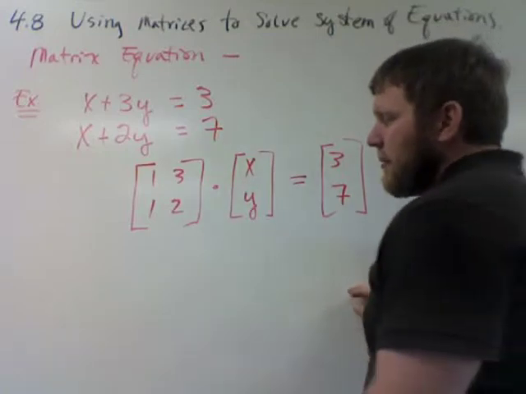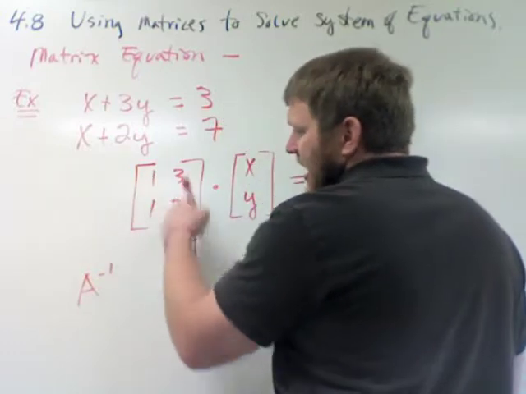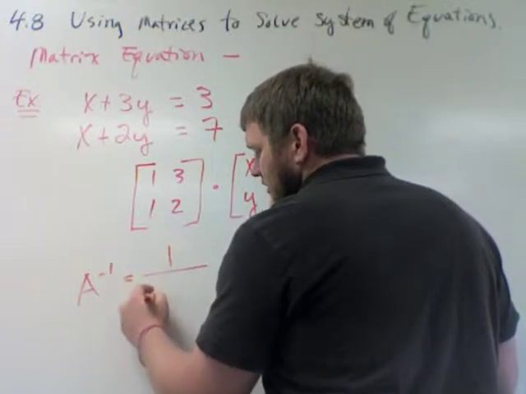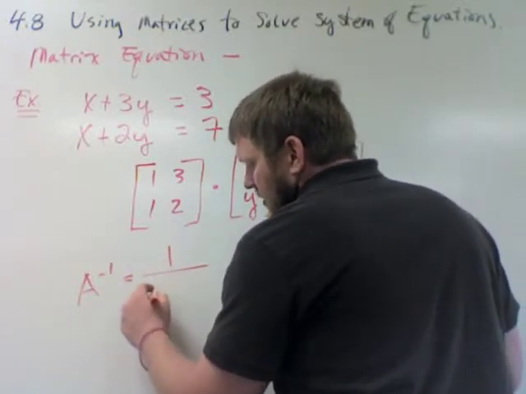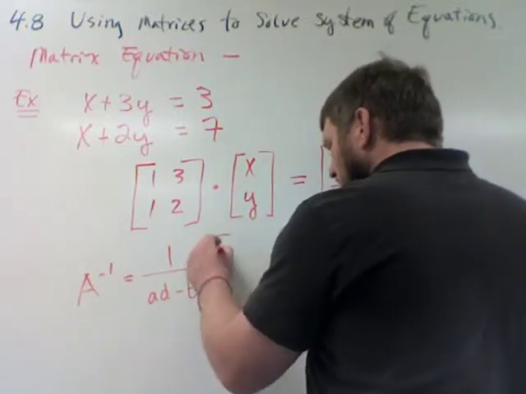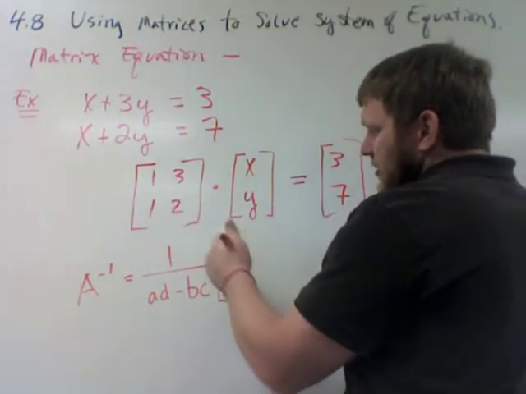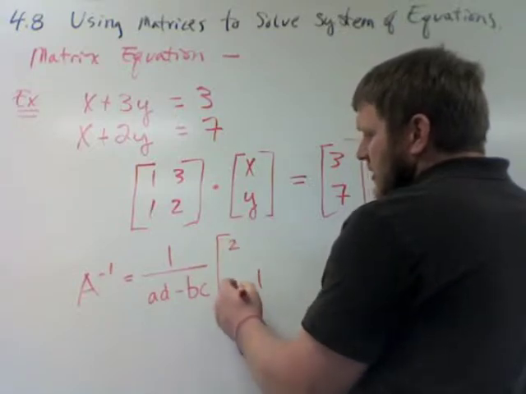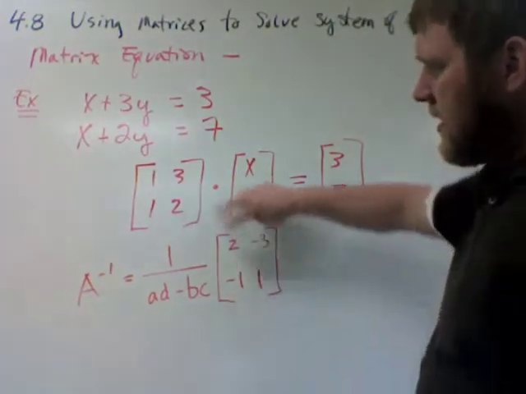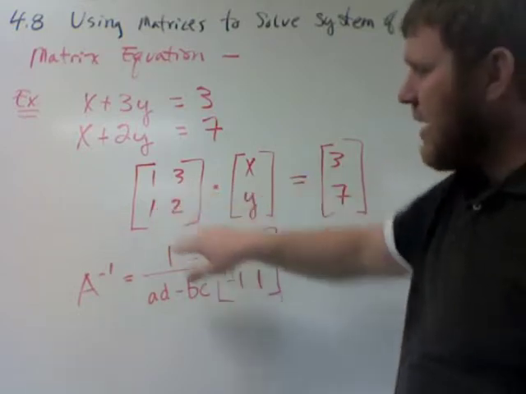If we can't remember, call this matrix A. The inverse of that matrix is 1 divided by AD minus BC, times the flip-flop here. I flip this diagonal, and then on the other diagonal I take the opposite, so they become negative.